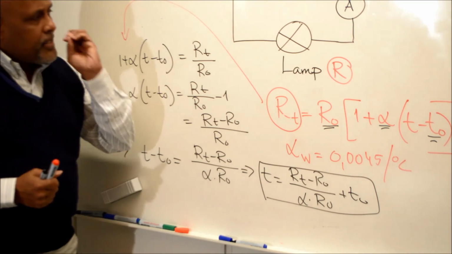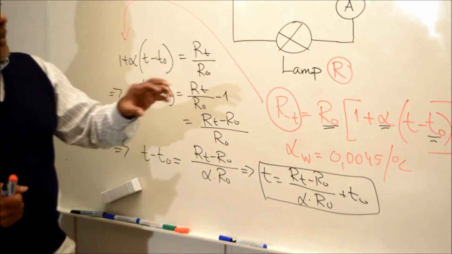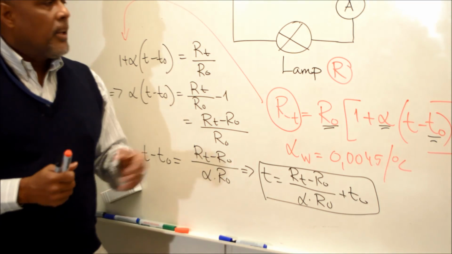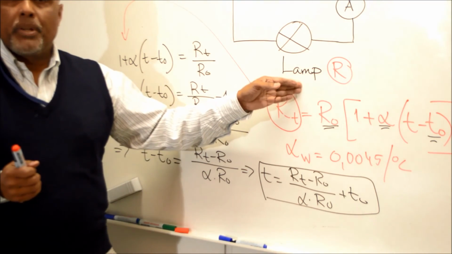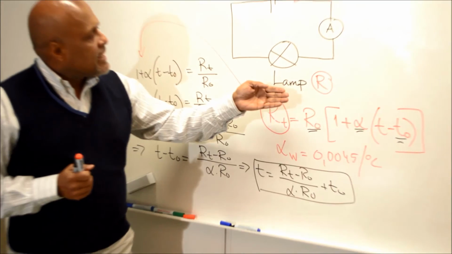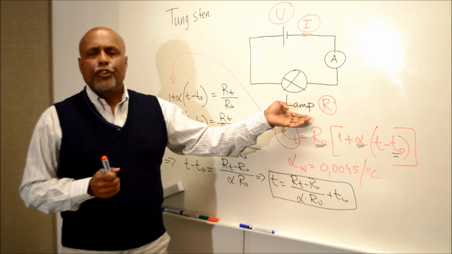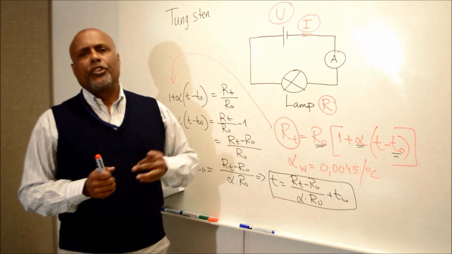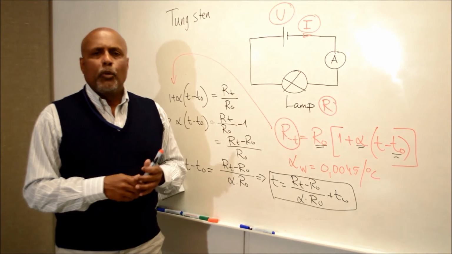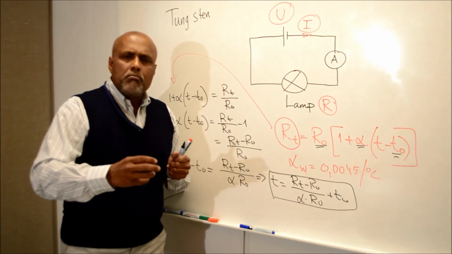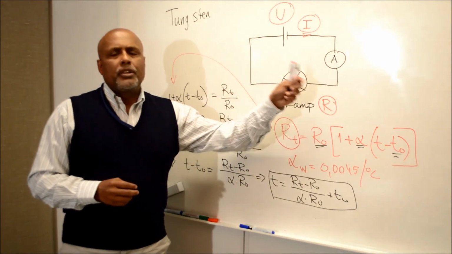So to summarize, we need to remember that when we are working with metallic resistance, it is very sensitive to temperature. As the temperature increases, the resistance also increases, because there will be more free electrons that make a crowded condition.